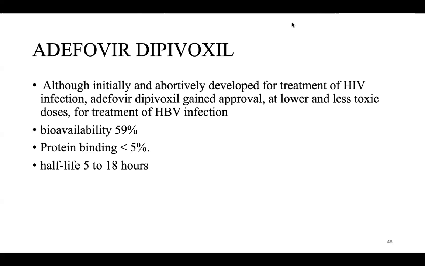Adefovir is excreted by a combination of glomerular filtration and active tubular secretion, and requires dose adjustment for renal dysfunction. However, it may be administered to patients with decompensated liver disease.